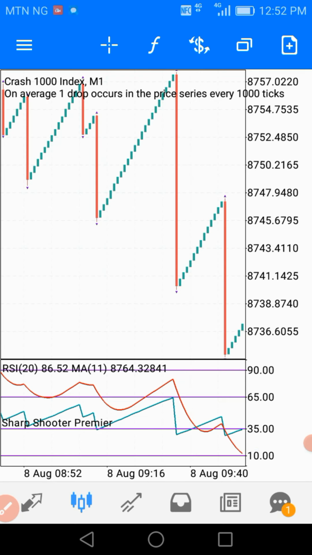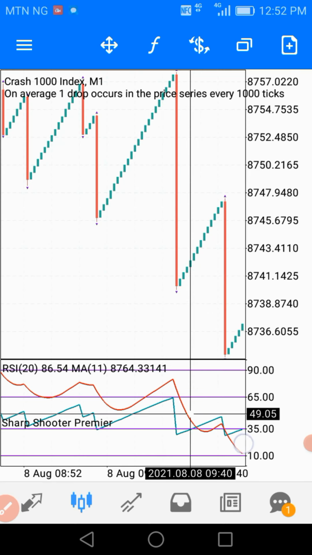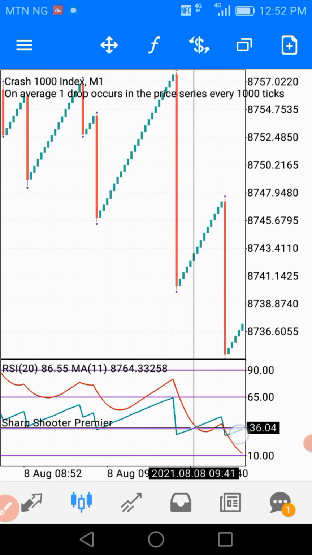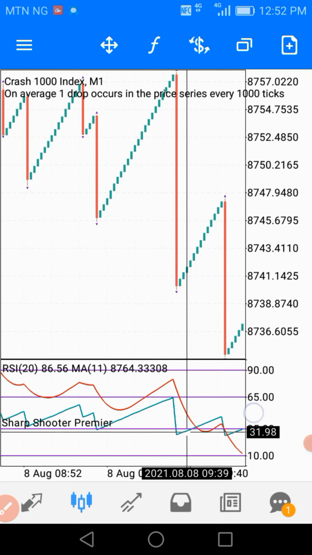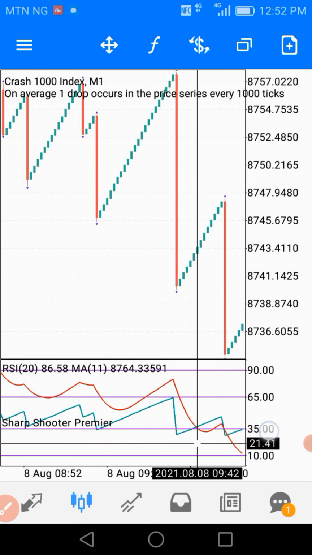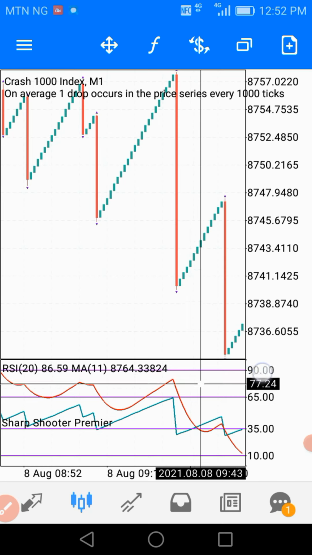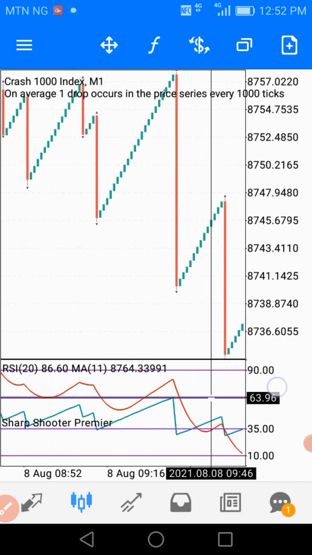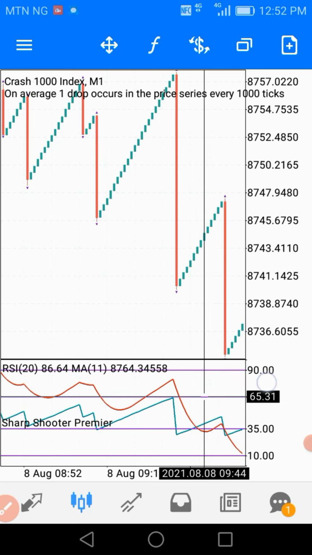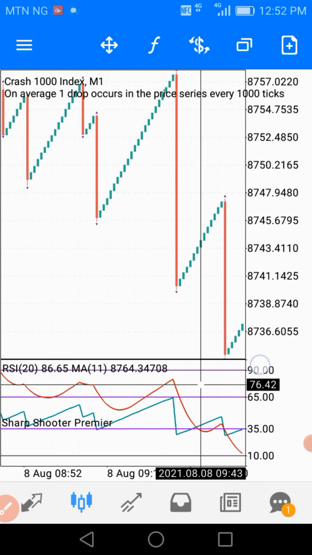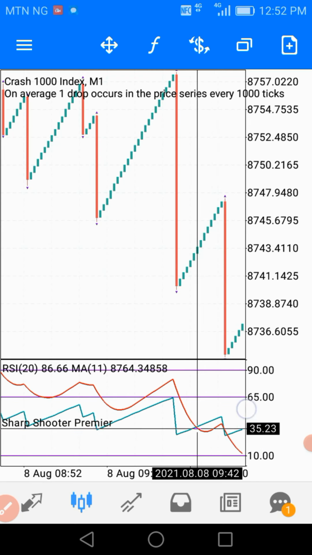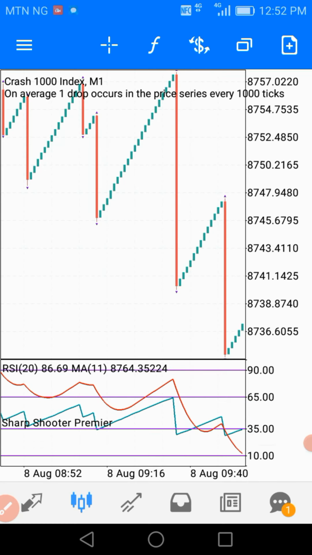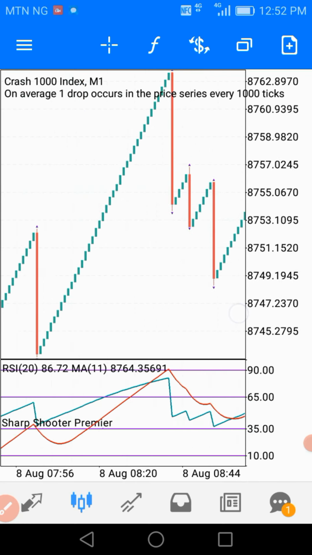Remember that for crash markets, the crossing has to take place at the 35 level or below it. For boom, the crossing is upwards and has to take place at the 65 level or above it, but for crash it is at the 35 level or below it. So this one was not valid.